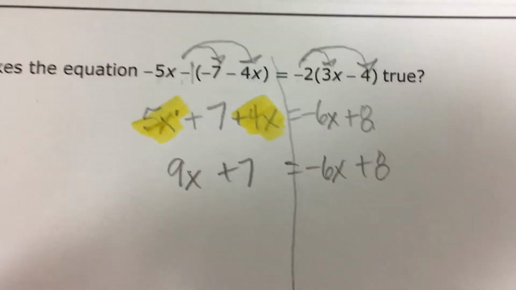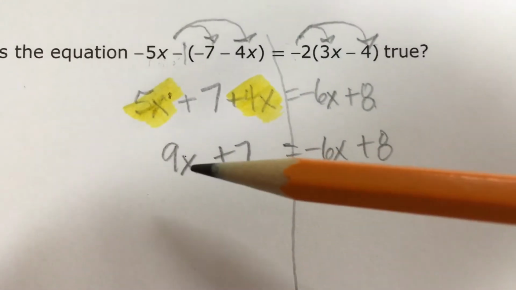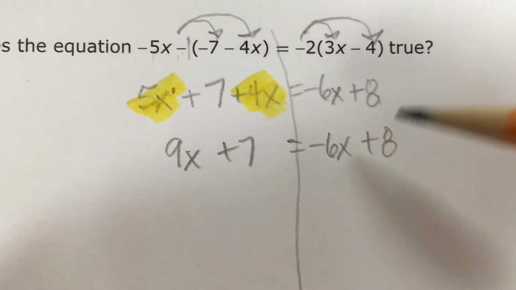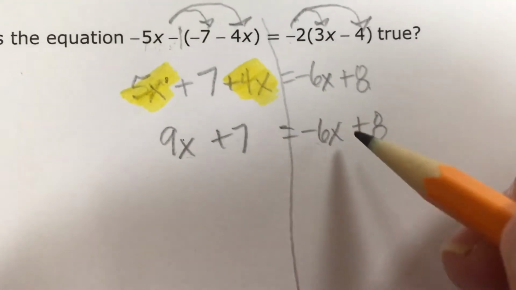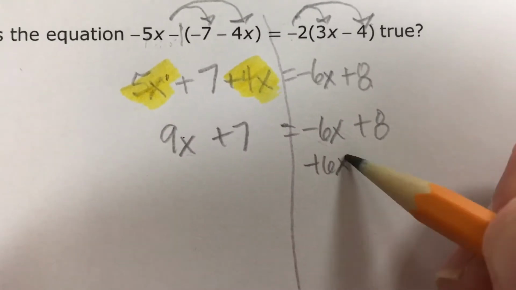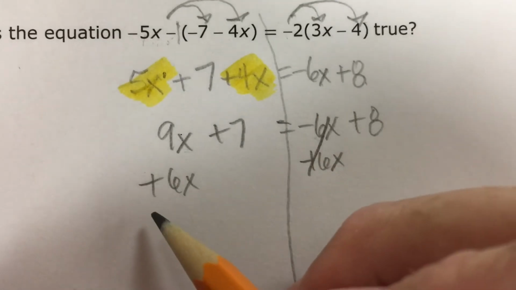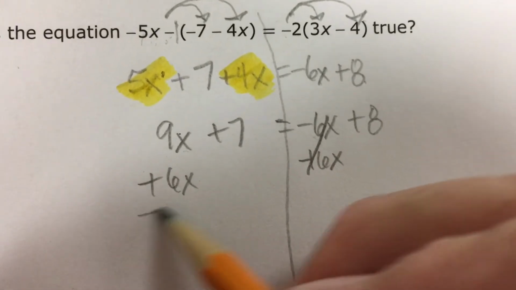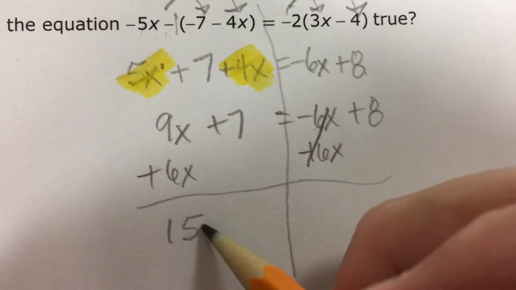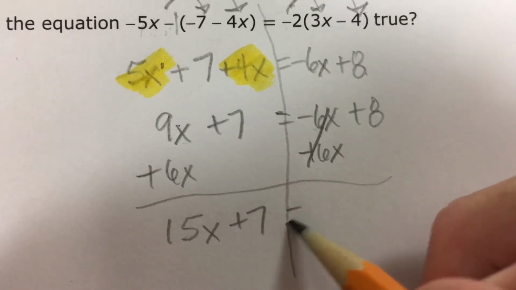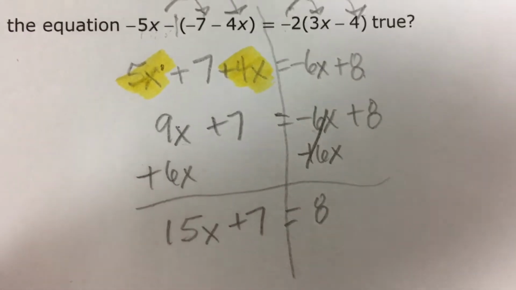Now when I add or subtract, I like to get all my x's on the left side. So I have an x on the left already. I don't want an x on the right, so I'm going to do the opposite to get rid of this and add 6x over here. So now I have 15x plus 7 equals 8.